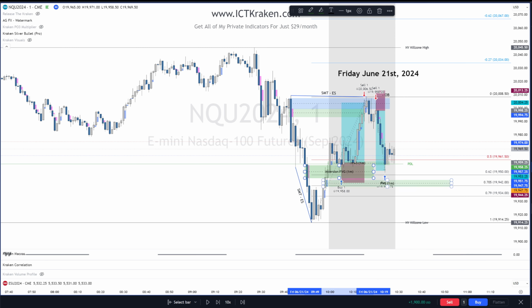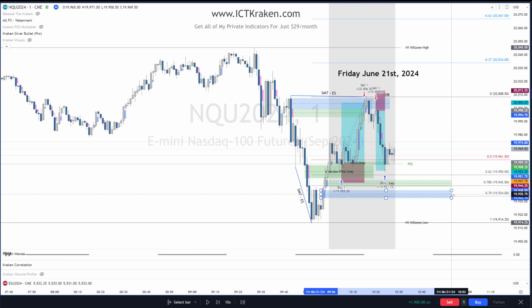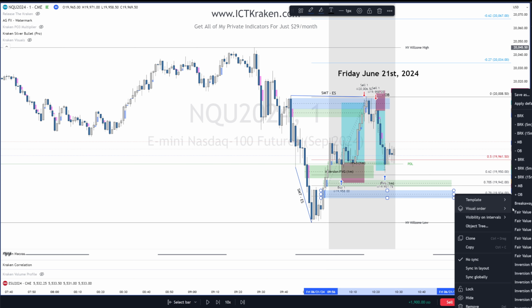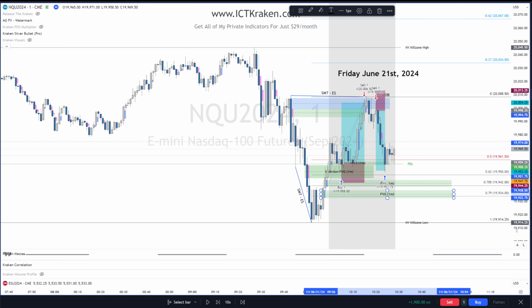We also have this fair value gap right here, which is right at the 70%. So I'd like that ideally. We also have this fair value gap right here at the 79% level. So either one of those I'd be thrilled with to come back up if it hesitates down here.